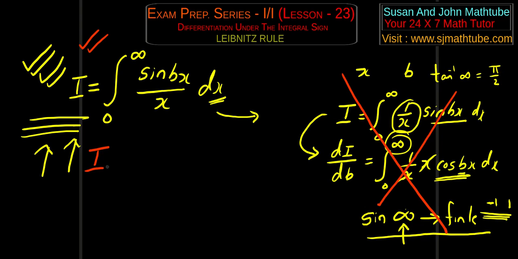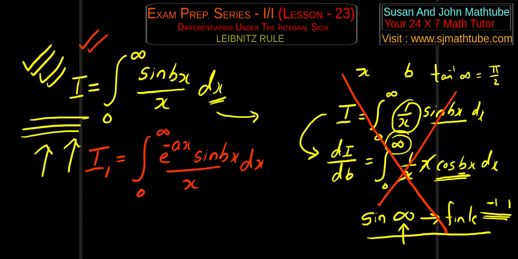Okay, so what we do is a very small thing, but it's an awesome trick. I'm going to create a new integral, I1. And I create the new integral just because I saw the previous question. What I do is I add a new character, e power minus ax, and I write the question as such. Look at this.